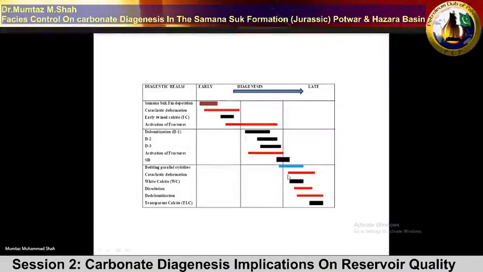There is some error over there. These two phases should be over here, linked to burial related phenomena, whereas the rest, dissolution, dolomitization, and the transparent calcite, is linked to late stage diagenetic phenomena, which is telogenetic in nature.